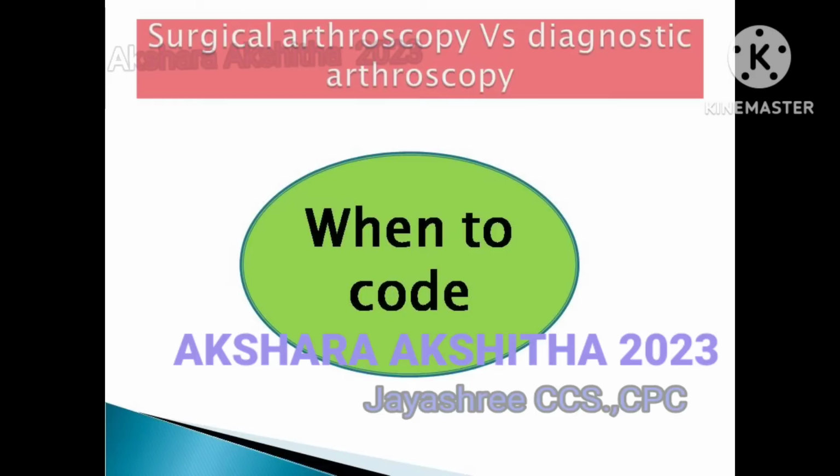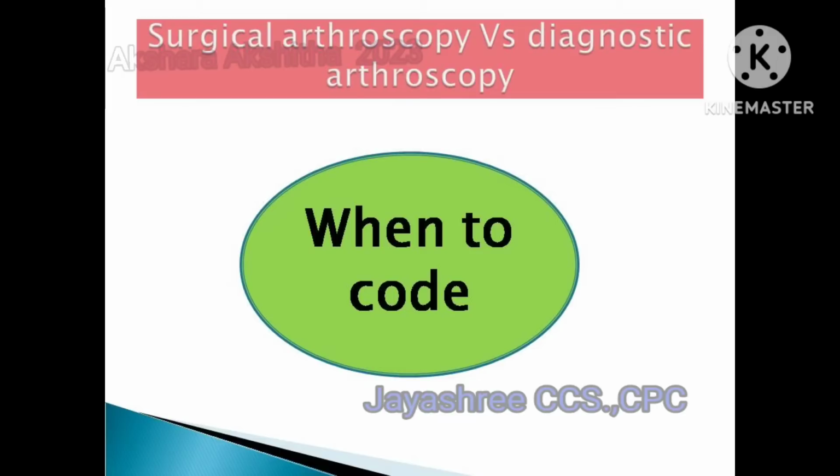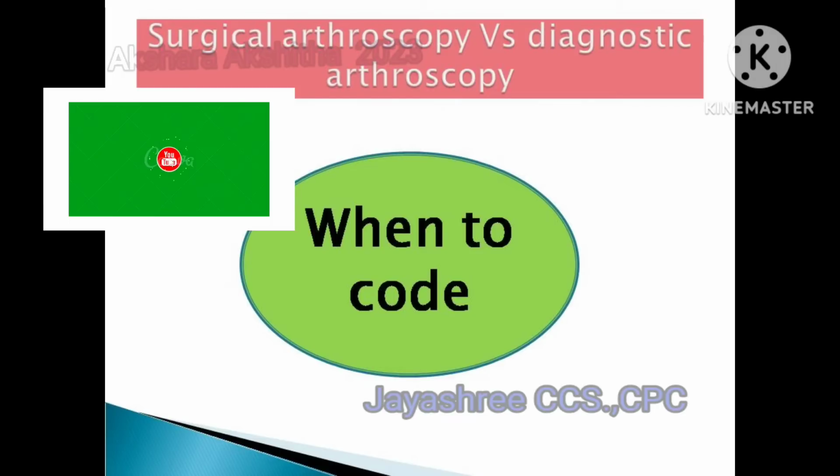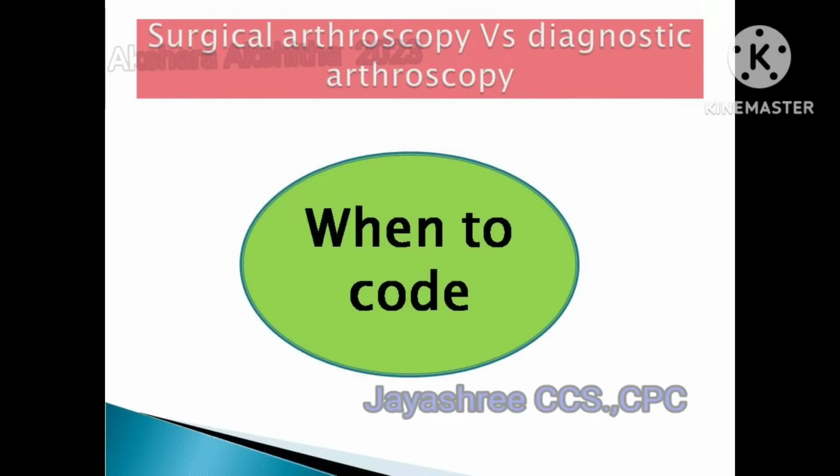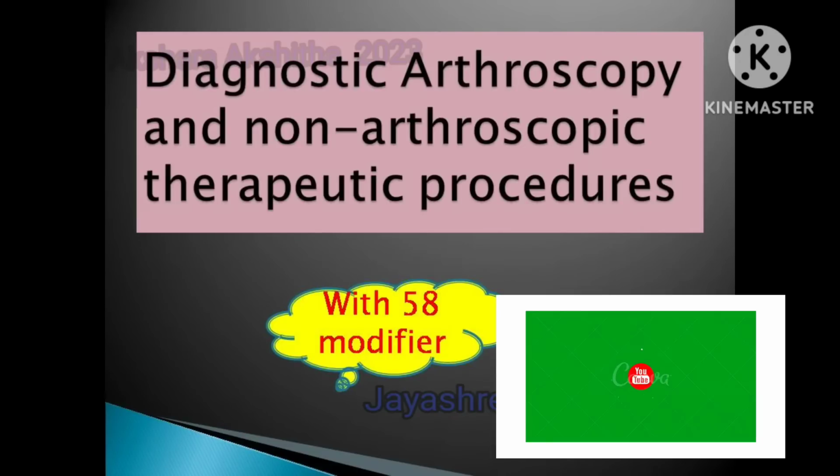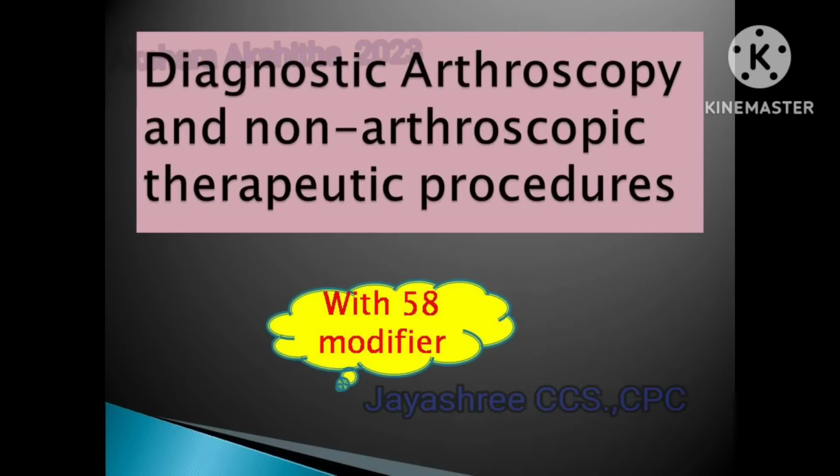If the arthroscopy is performed as a procedure to access the surgical field or to extend the disease, then it is not separately reportable with the main procedure. If diagnostic arthroscopy leads to a decision to perform an open procedure, then diagnostic arthroscopy may be reported with the main procedure with modifier 58. But we need proper medical necessity for the diagnostic arthroscopy.